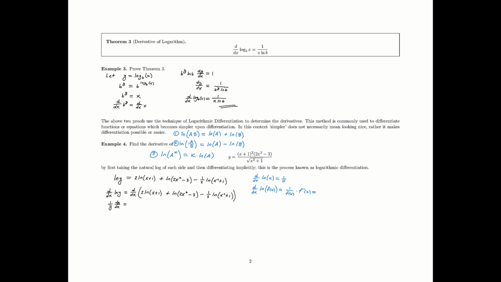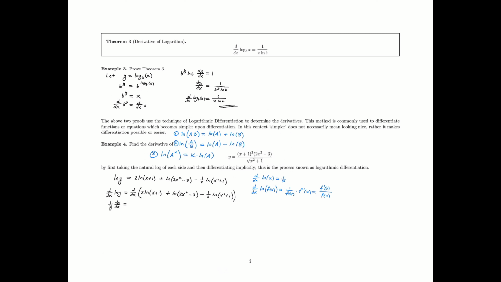Or, the way I usually think about it, derivative of the inside divided by the inside. That's ultimately what the chain rule applied to the derivative of a natural log of some function turns into.